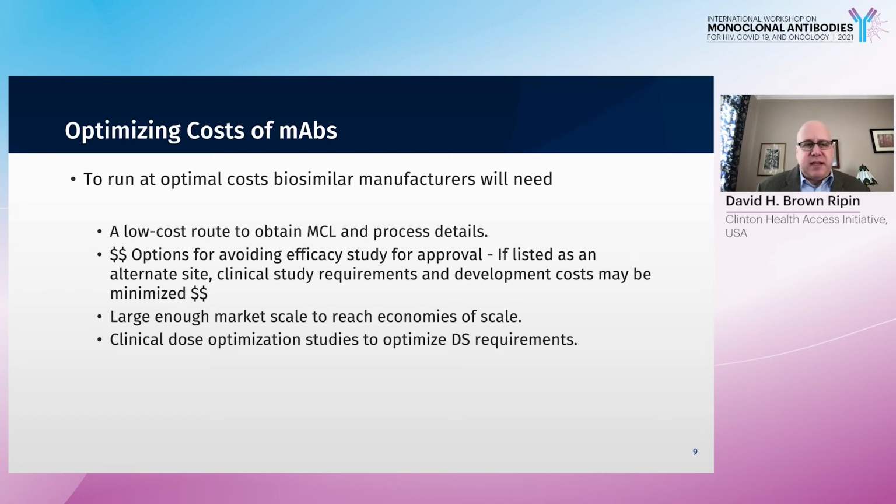As with small molecules, there would be a particularly compelling argument to run clinical dose optimization studies to ensure that the dose required of the product is the lowest weight of active ingredient possible in order to maximize the cost efficiency of the product.